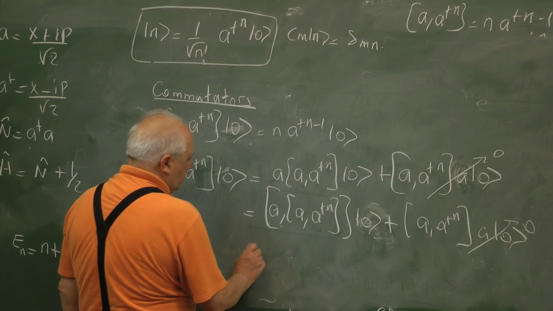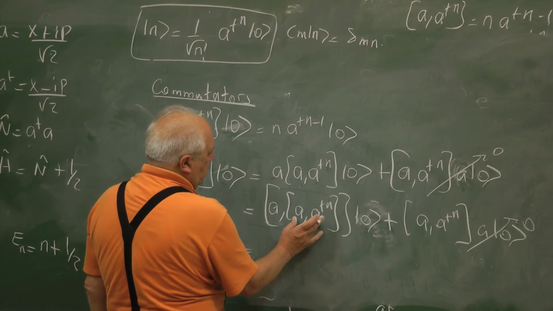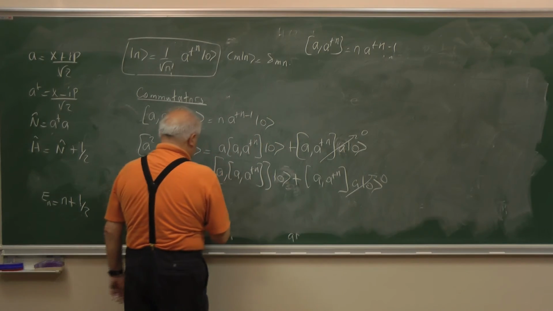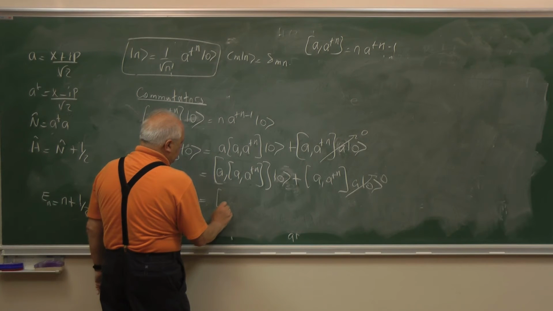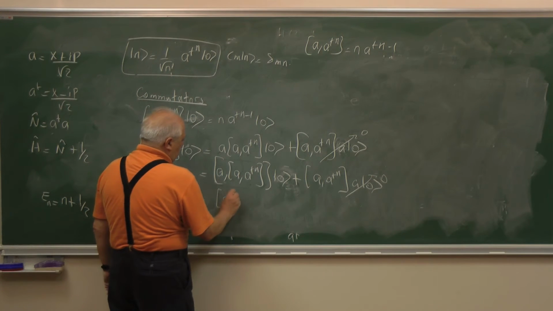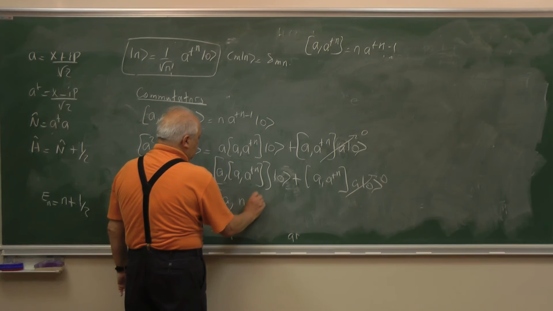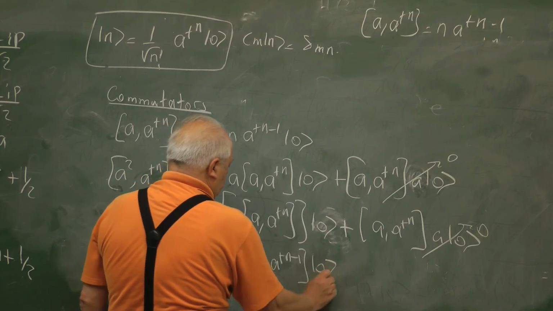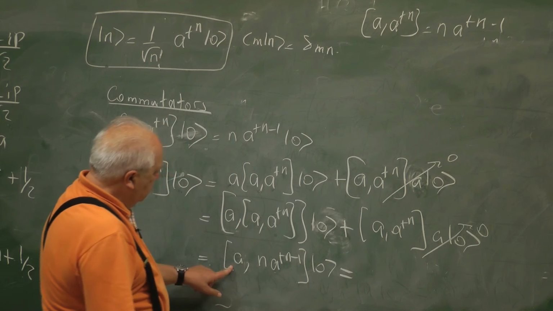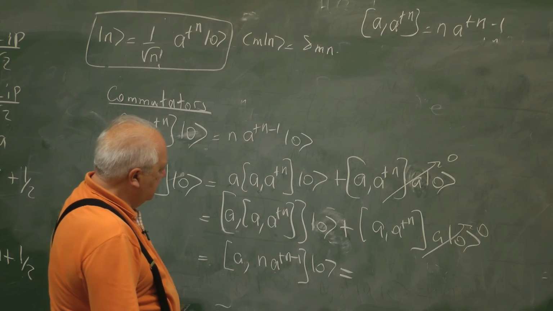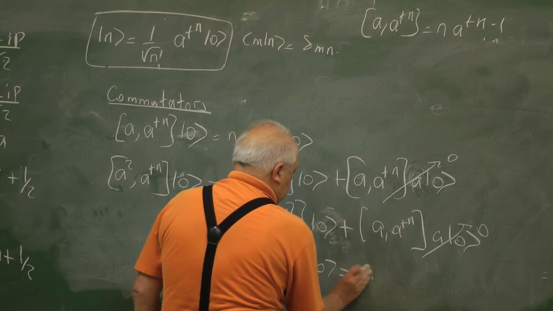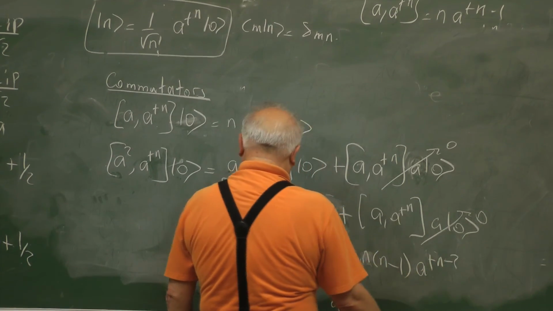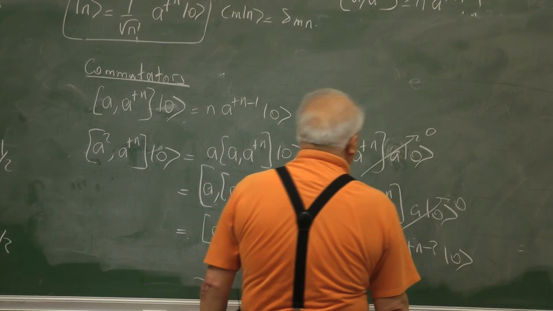So this is the contribution. What is that? The first one gives me n from here, and a dagger n minus 1. So let me write it, I will do it once because this is so easy: a dagger n minus 1, 0. The second one is n minus 1, a dagger n minus 2, 0.